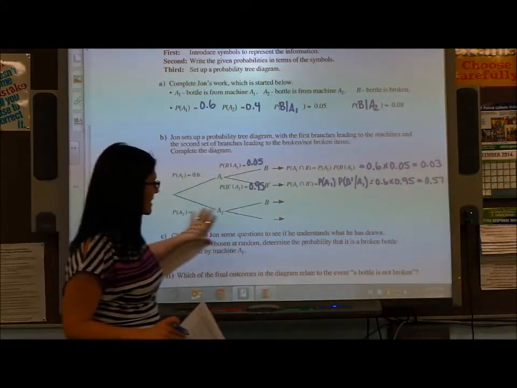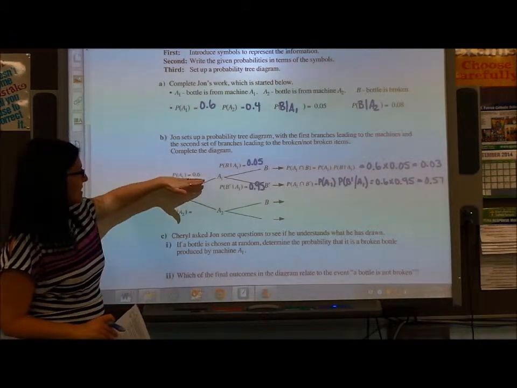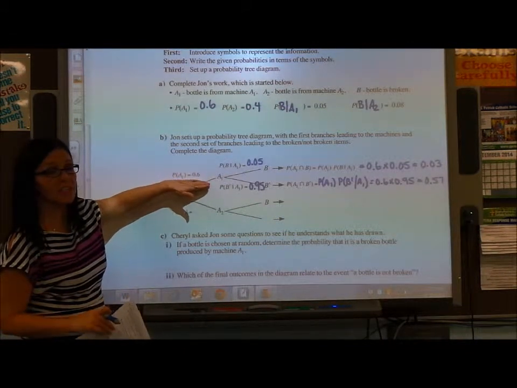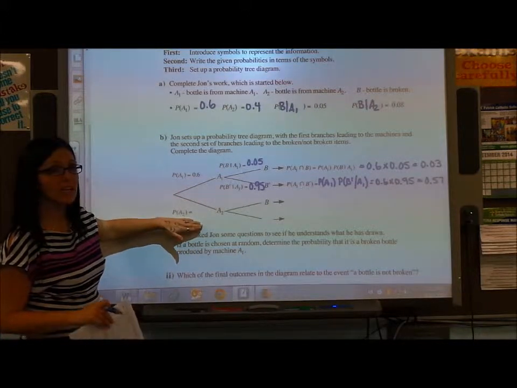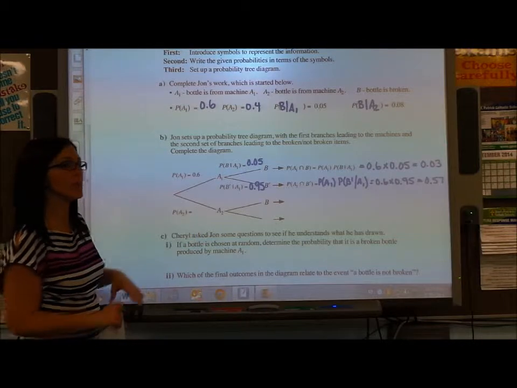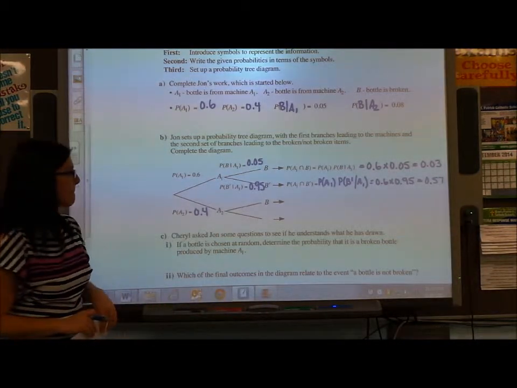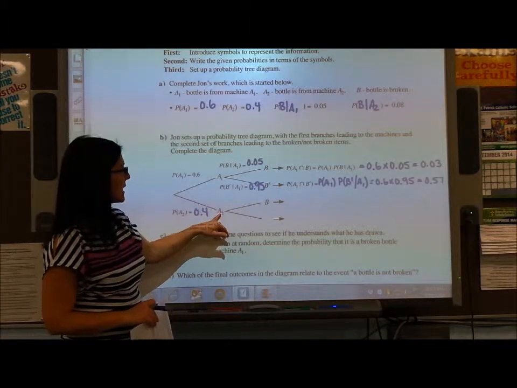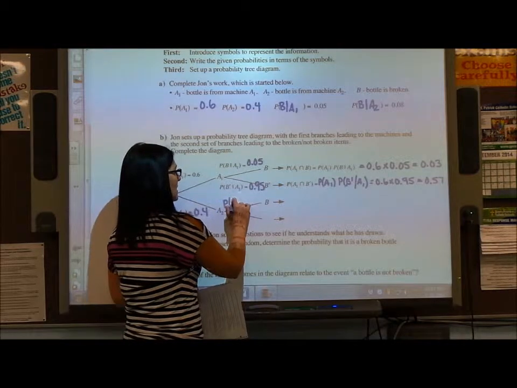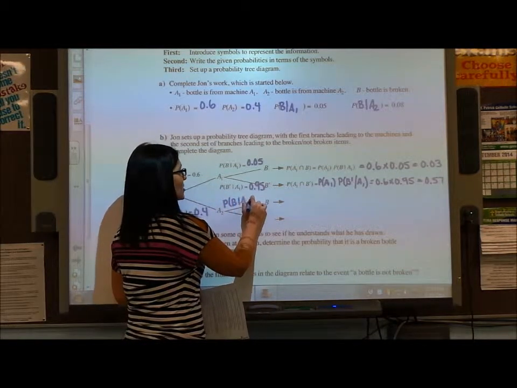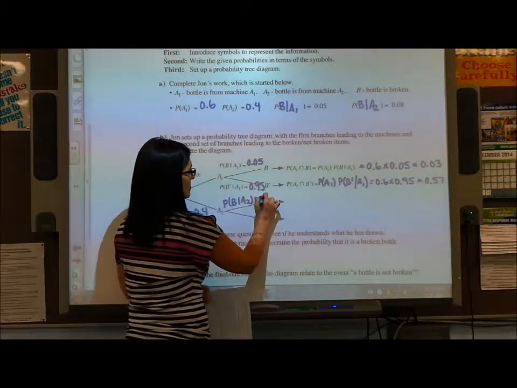And then I can follow the same outline for machine A2. So if there's a 60% chance or a 0.6 probability that it came from machine A1, the probability that it came from machine A2 would be 0.4. The probability that it is broken, given that it came from A2, is 0.08.